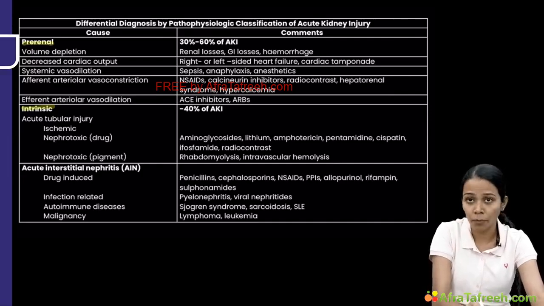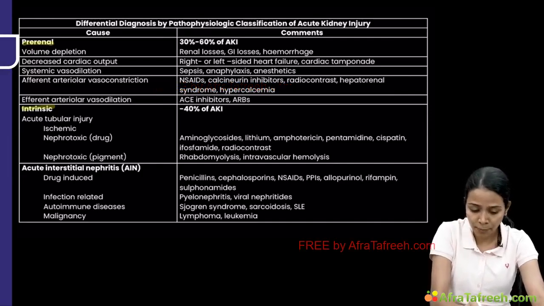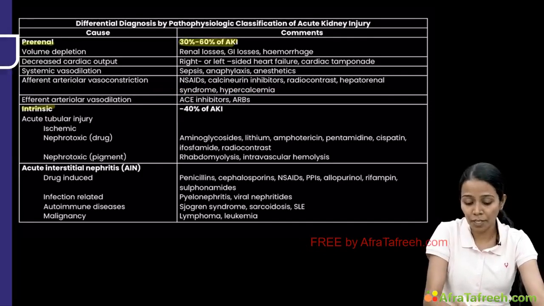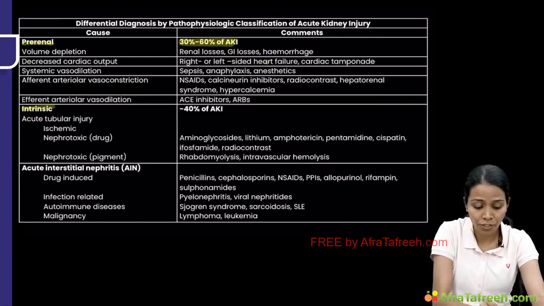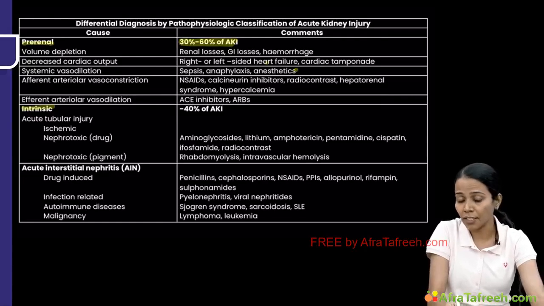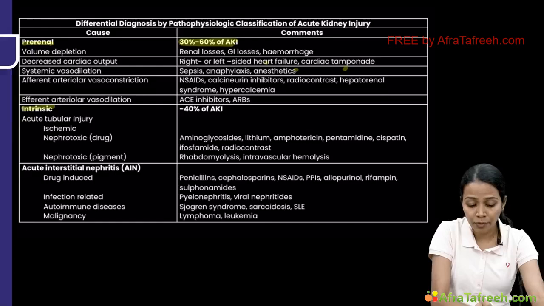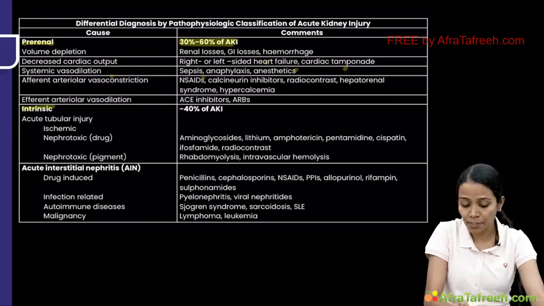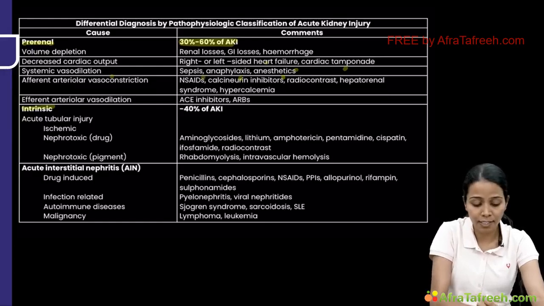The most common cause of AKI is pre-renal, which is 30 to 60% of AKI. Okay. Now, the most important cause is volume depletion, which can be renal or GI or hemorrhage. It can be because of decreased cardiac output, like in heart failure, cardiac tamponade. It can be because of systemic vasodilatation, like sepsis, anaphylaxis, anesthetics.